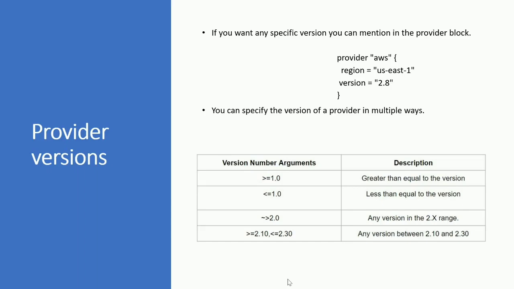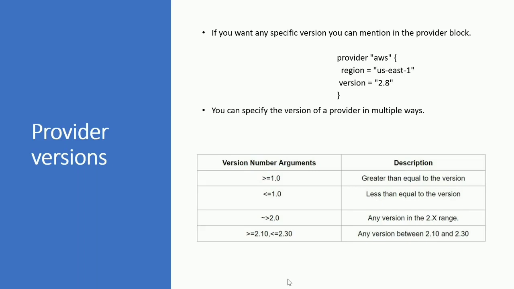For example, if you want greater than or equal to a version, you have to mention greater than or equal to that particular version number. If you want less than or equal to a version, you have to mention less than or equal to 1.0.